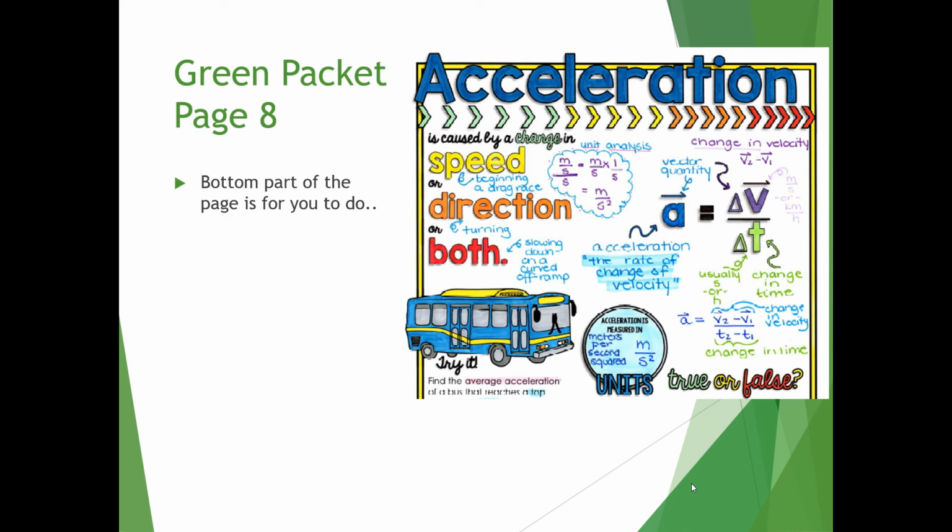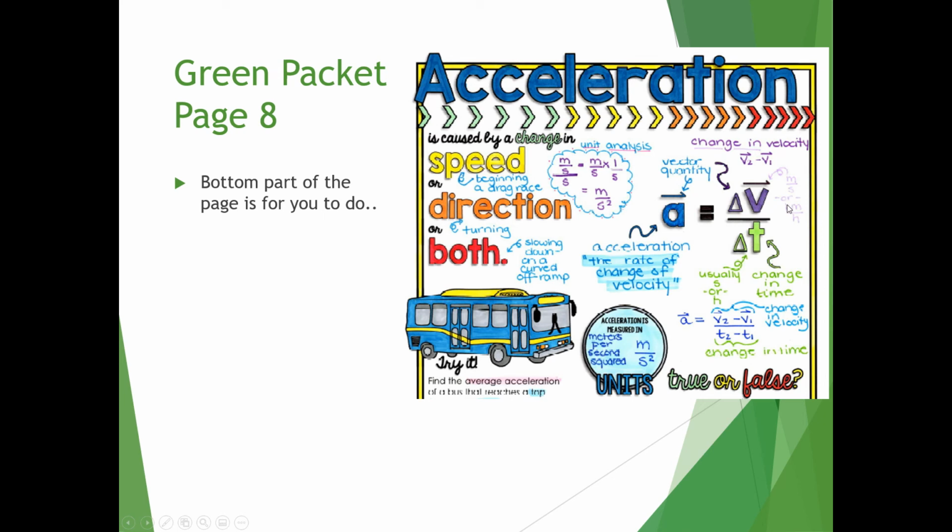Both could be slowing down on a curved off-ramp. So the units are going to be meters per second, which is the same as what they wrote here, meters per second times 1/second, and that gives you meters per second squared. Remember, the hats are the little vector quantities, V2 minus V1.